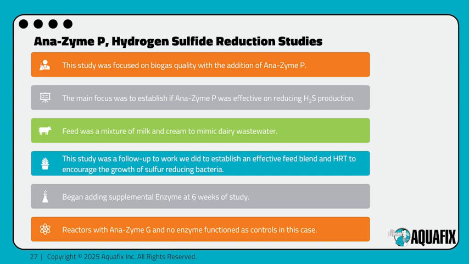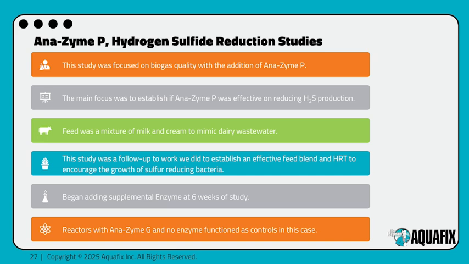So the feed we used in this case was a mixture of milk and cream, which is easy to supply consistently. So it made it a good fit for the study. It's also a fairly representative feed substrate for looking at something like a dairy digester. This study was a follow-up to work we did after establishing our effective feed blend to produce adequate hydrogen sulfide for our test, and we also modified our HRTs to get the appropriate hydrogen sulfide growth in previous studies.